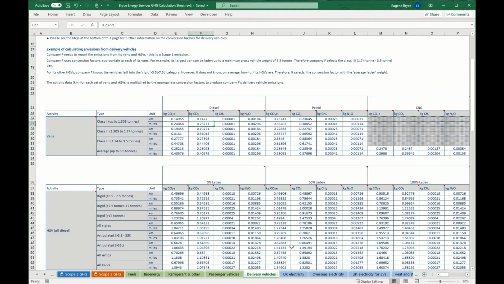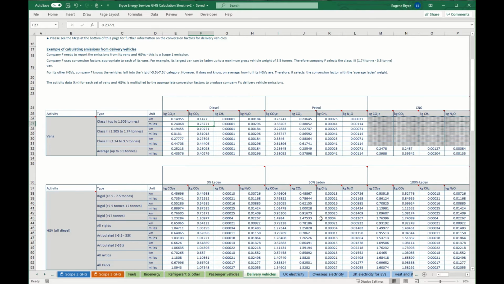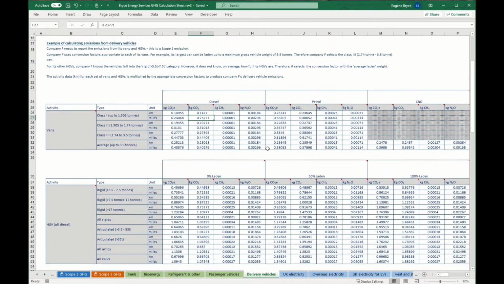So what do we have? We've identified delivery vehicles, class 2, in miles, and we have 175,000 miles. So there's a distinction here.